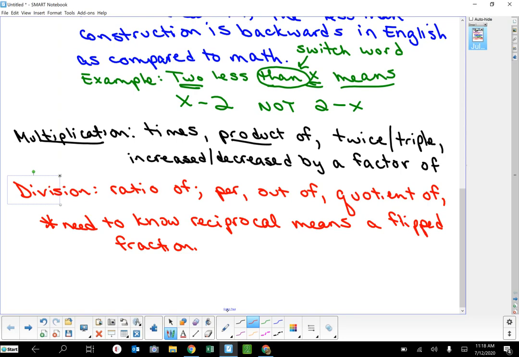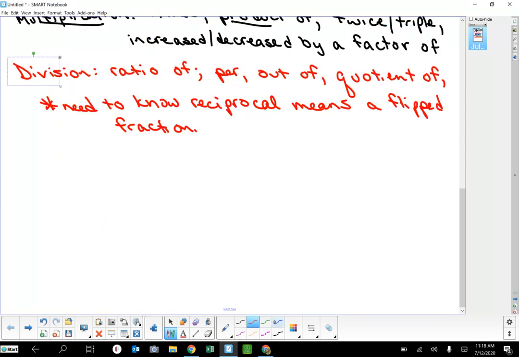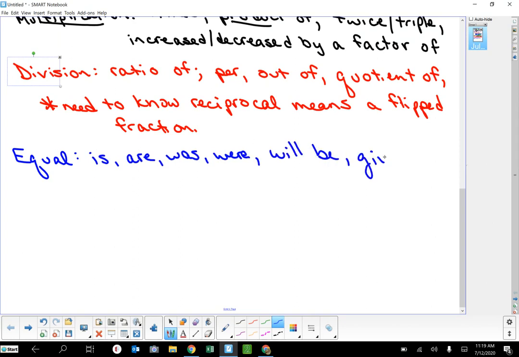All right, and then you also need to know different terms for equals. So those are is, are, was, were, will be, gives, yields, sold for, and costs.